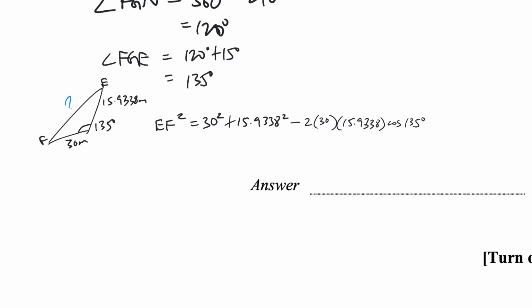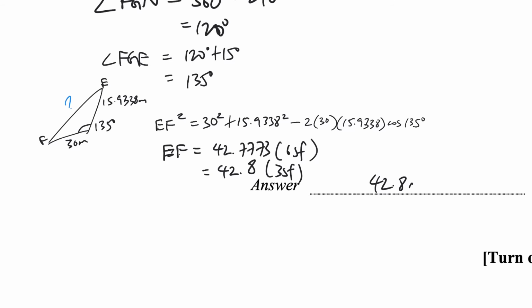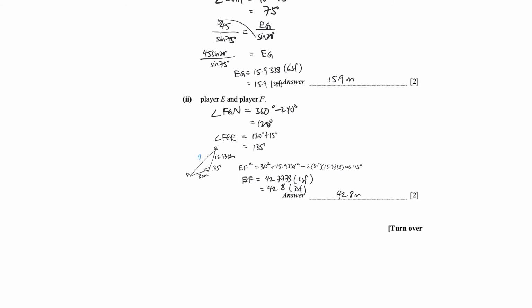And if you take the square root, you see that EF is basically 42.7773 if I put it to 6 SF, which is 42.8 to 3 SF. Yep.